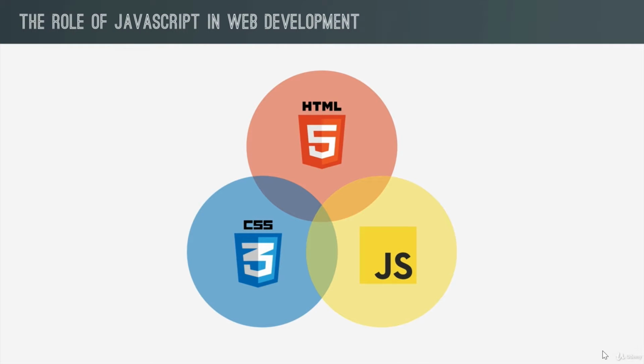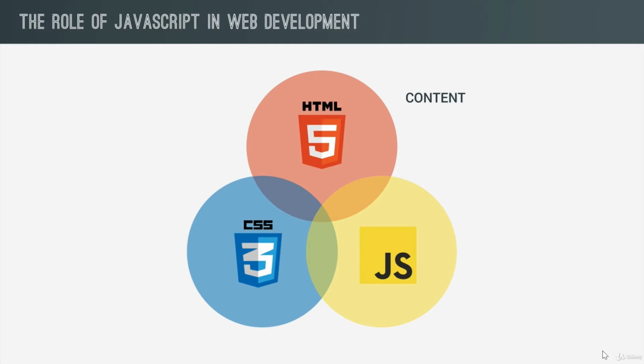So I mentioned that together with HTML and CSS, JavaScript is one of the core technologies of the web. Let's go a bit deeper into that and talk about the role of JavaScript in web development. HTML, CSS, and JavaScript all work together to create beautiful, interactive, and dynamic websites or web applications. Now, HTML is responsible for the content of the page.